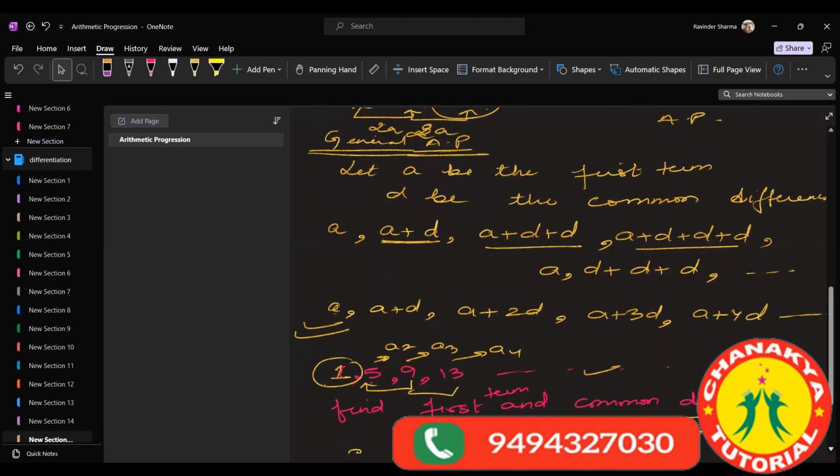Because we have to start the sum of n terms, and the sum of n terms also contains this nth term. Ma'am, are we done with the first 4 chapters? We have completed chapters 1, 2, 3, and this 4, 5 we are doing.